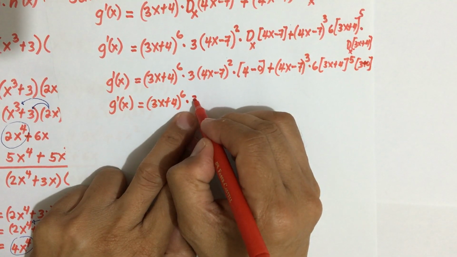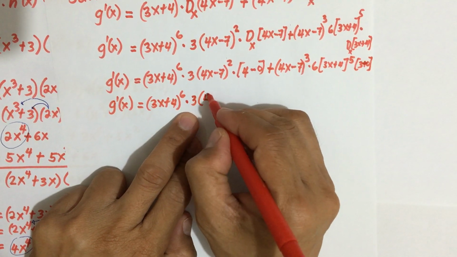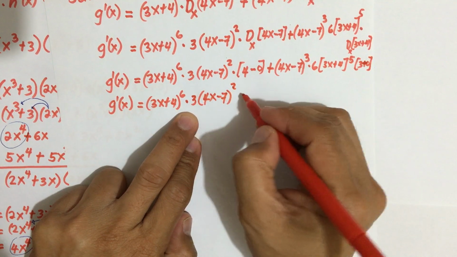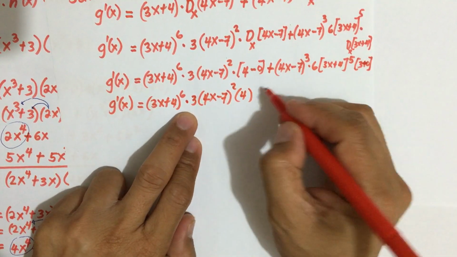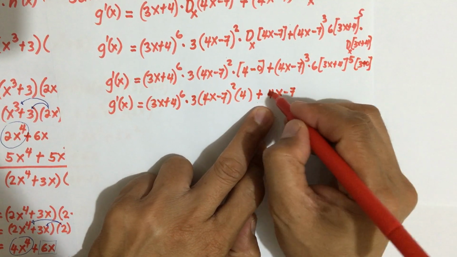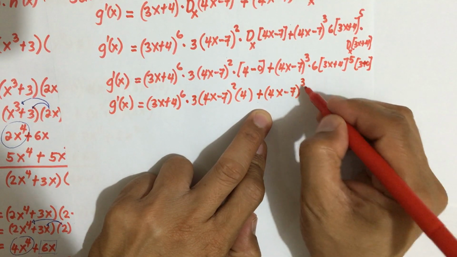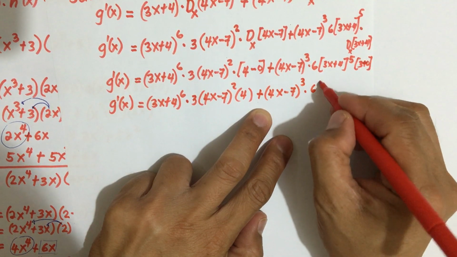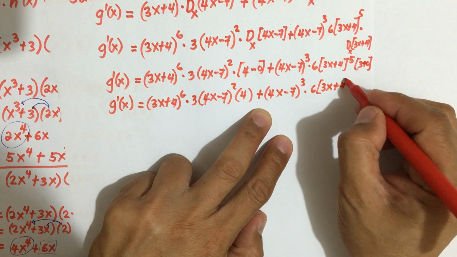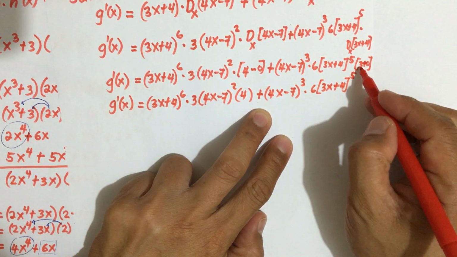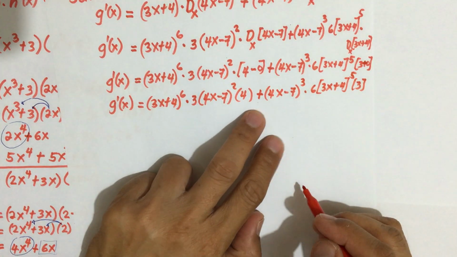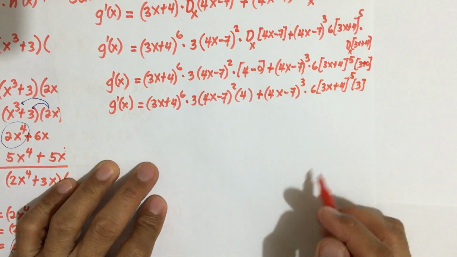I'll just rewrite this so that you can follow this step by step. So this becomes times 4. Then plus, we have 4x minus 7 raised to the power 3 times 6 times 3x plus 4 raised to the power 5. Then 3 plus 0 is 3.